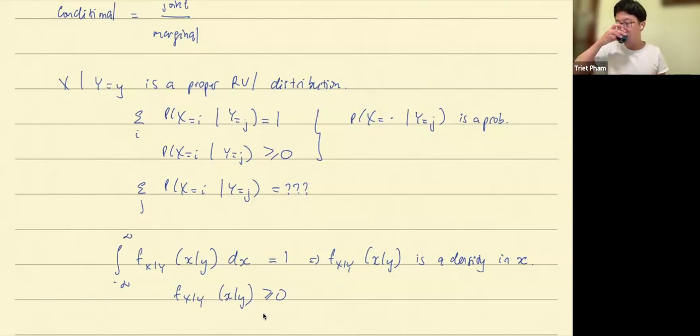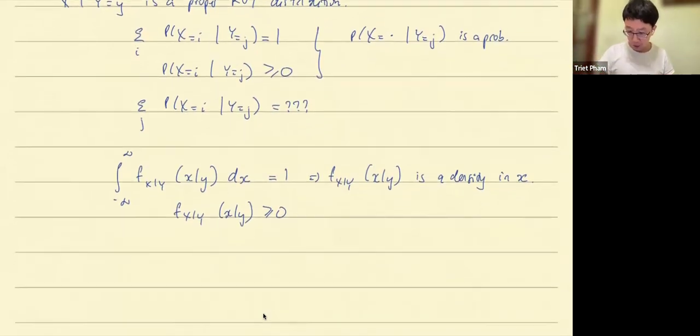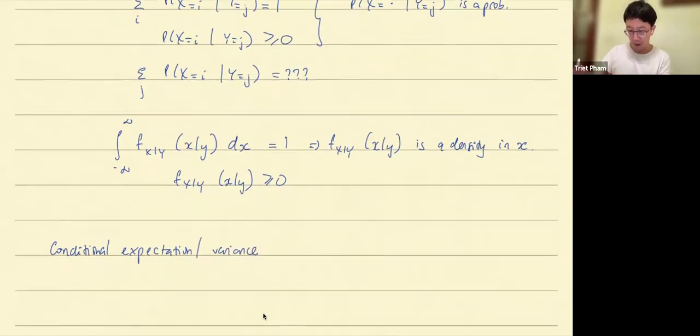So for example, a very important concept which we'll encounter a little bit in chapter 7 is called conditional expectation and conditional variance. These are very important concepts in a little bit more advanced probability.